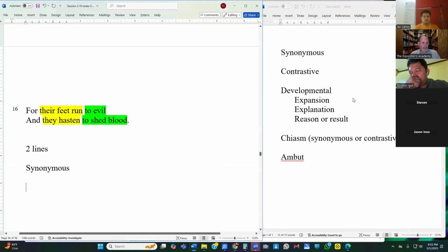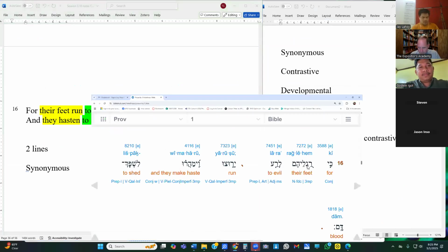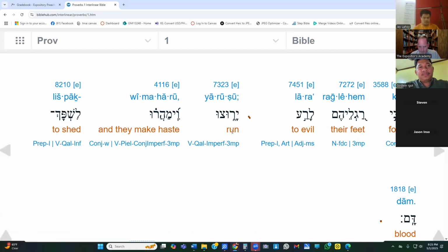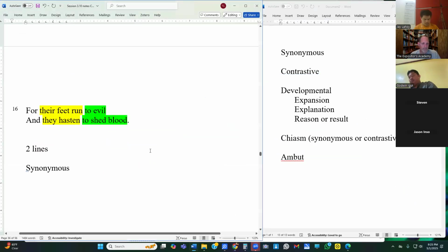But if you look at it, for their feet to evil, they run. Yeah. So you notice they run, and they make haste. So the word order actually looks like it may be reversed.